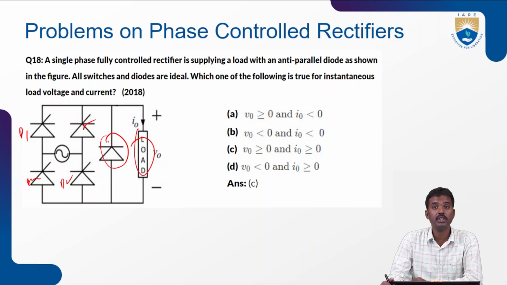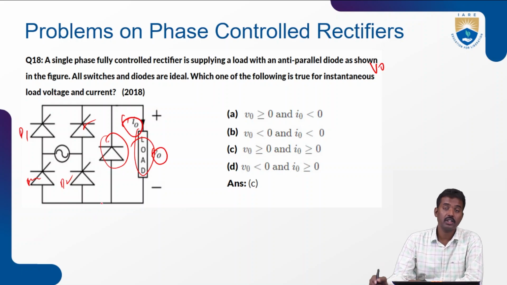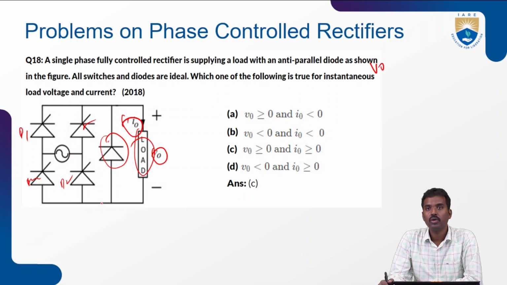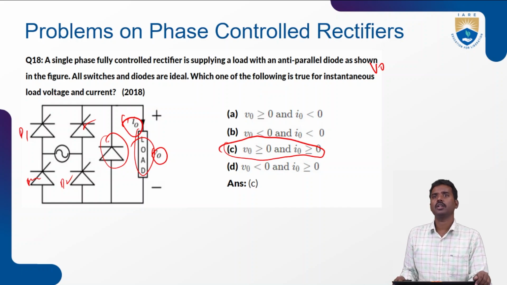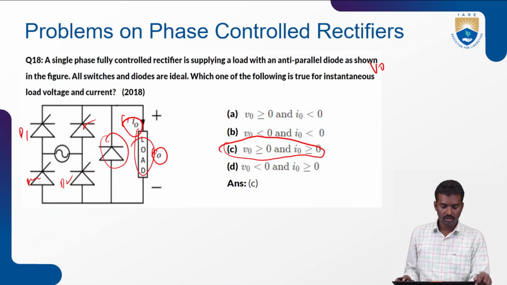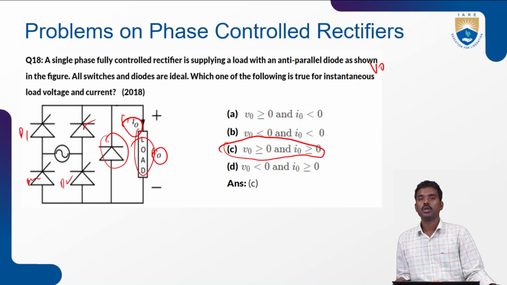V0 and I0 are the instantaneous load voltage and load current. Both are positive, so option C is correct. V0 is greater than 0 and I0 is greater than 0. The freewheeling diodes make the output voltage always positive. Output voltage and output current are continuous.